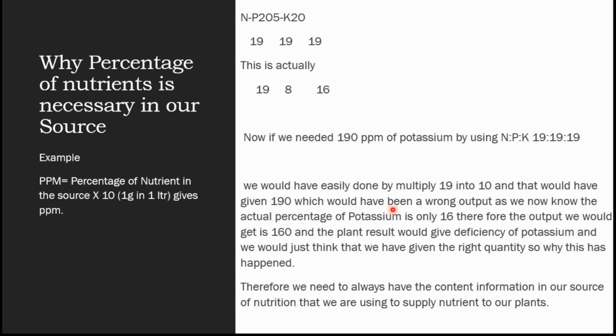That would have been a wrong output, as we now know the actual percentage of potassium is only 16. Therefore, the output we would get is 160, and the plants would show potassium deficiency. And we would just think that we had given the right quantity, so why has this happened? Therefore, we need to always have the content information of the nutrient source that we are using to supply to our plants. Let's go to our next slide here.